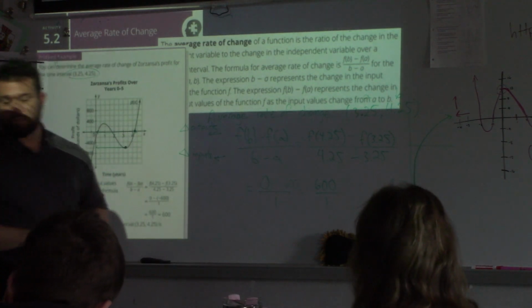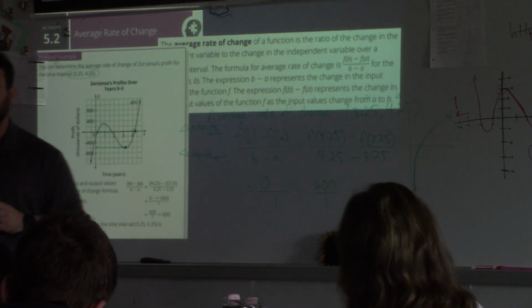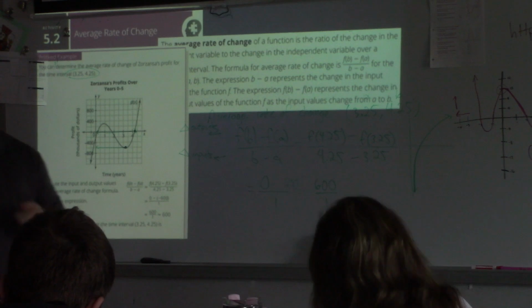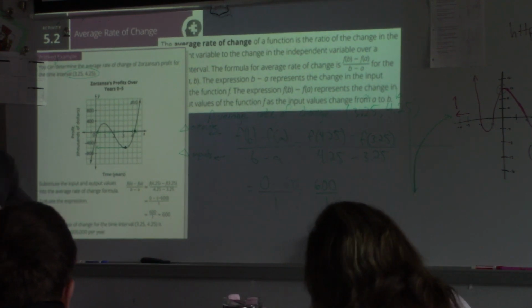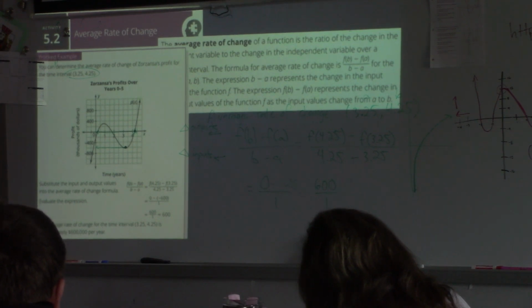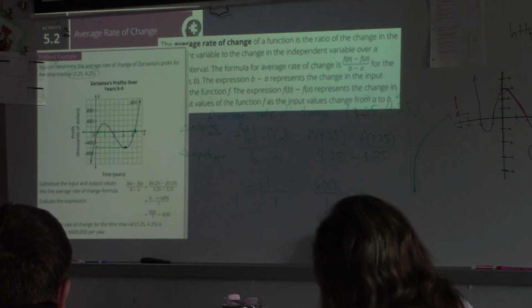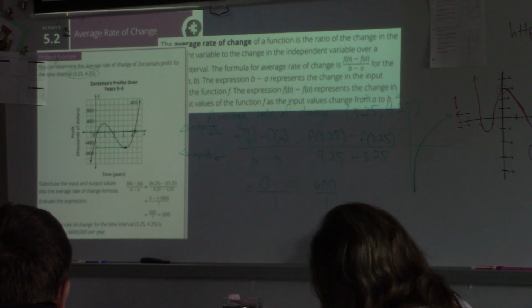Now, I just thought about this, and this is actually something I need you to start paying attention to and thinking about. These aren't just random numbers. What does that 600 represent? Where did that 600 come from? It is the y. Okay, keep going down that track, though. This is a real-world context. Look at your y-axis.